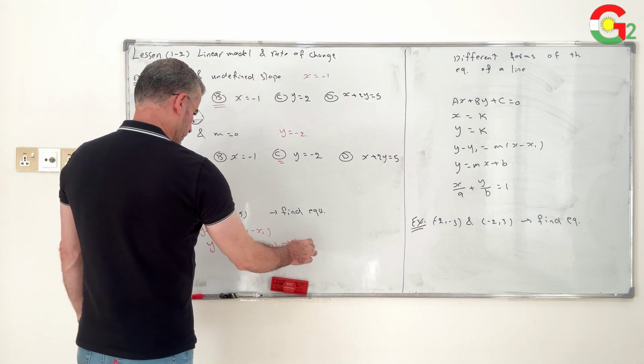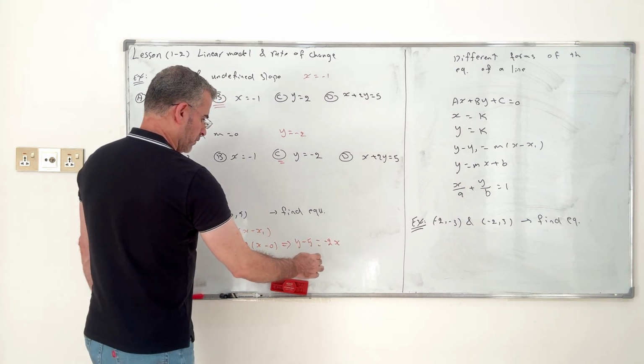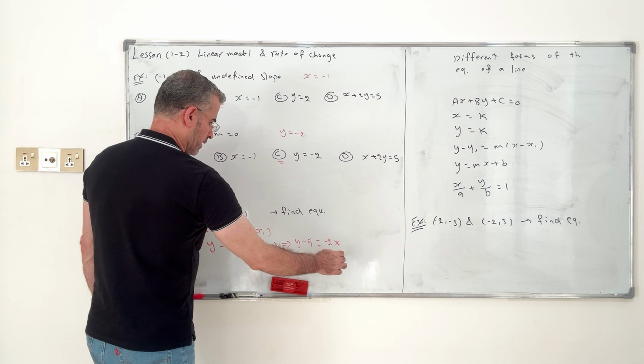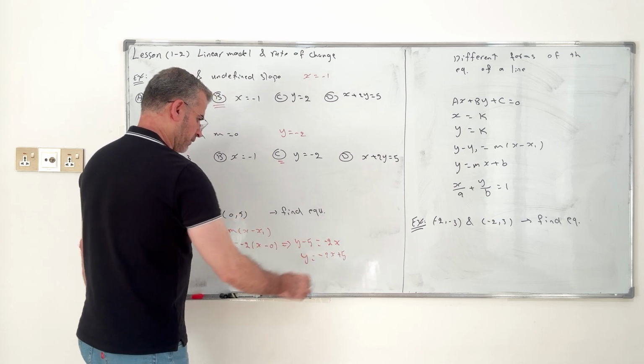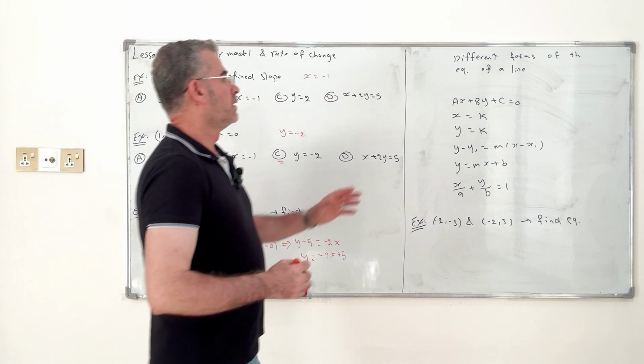Then y minus 5 equals -2x, then y equals -2x plus 5. This is the equation of this line.